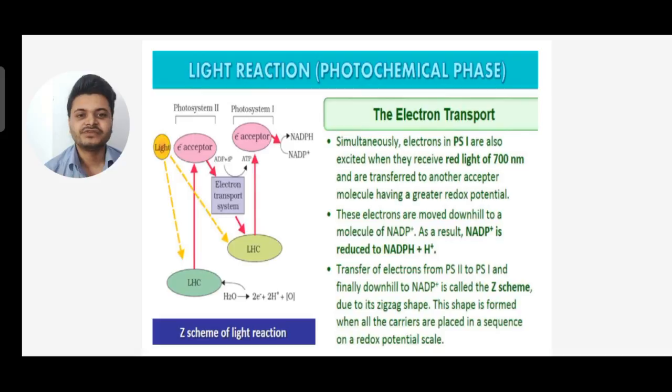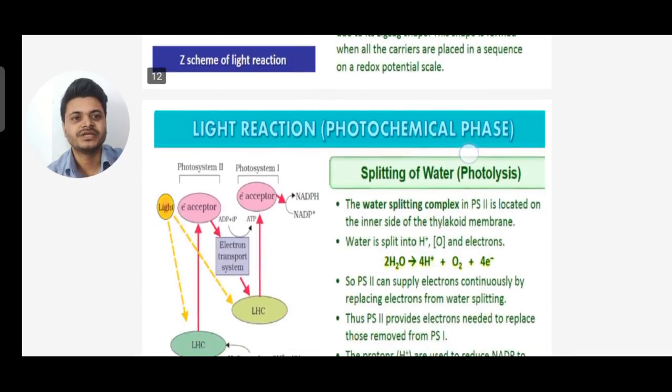The transfer of electrons from PS2 to PS1 and finally downhill to NADP plus is called the Z scheme due to its zigzag shape. This shape is formed when all carriers are placed in sequence on the redox potential scale. You have to memorize this chart.